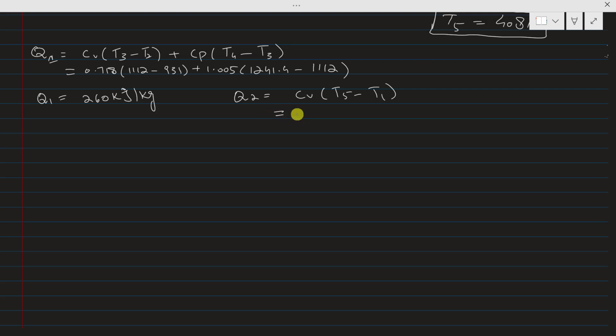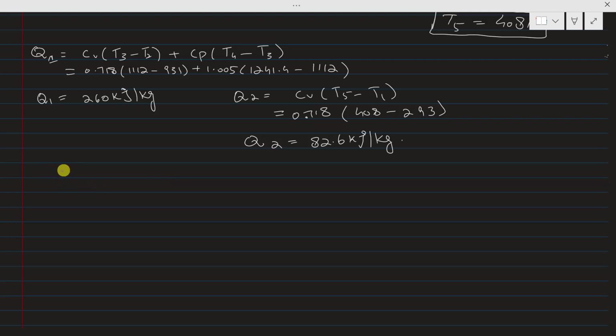What is Cv? That is 0.718, and T5 is 408 minus T1, that is 293. After doing the simplification on calculator, you will get the heat rejected, that is 82.6 kilojoule per kg.